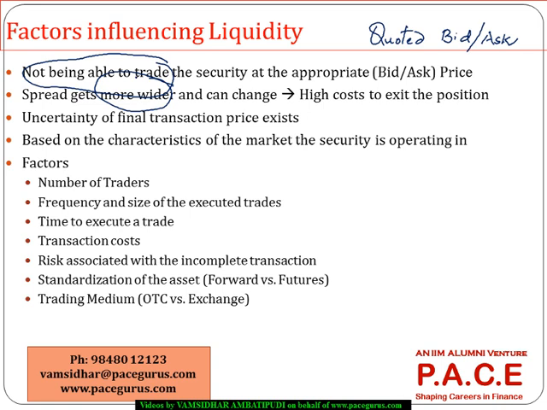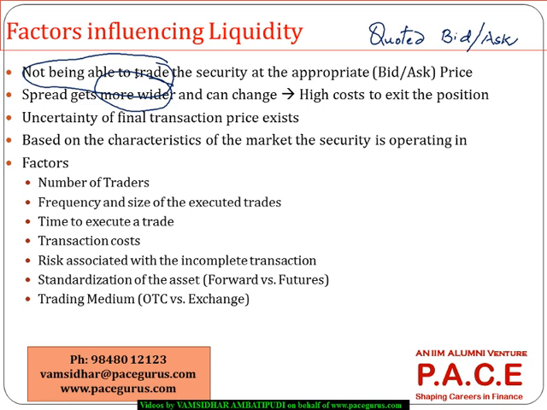And in case of forced selling, generally it's the case, right? Let's say I am not able to sell my property. I may have to reduce the price and only then will I be able to sell it. So there is some kind of cost involved in exiting the position.